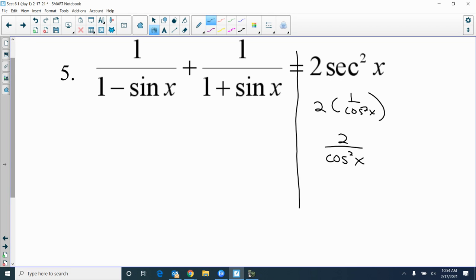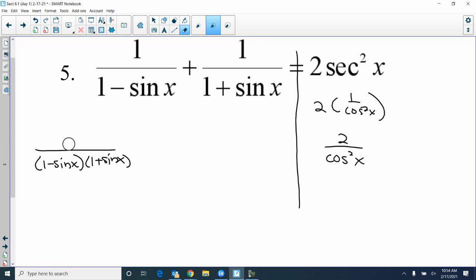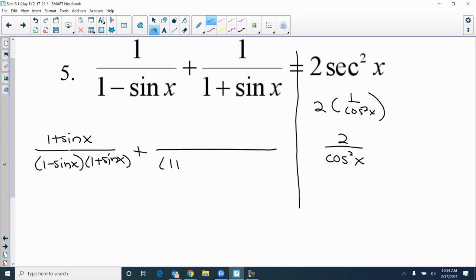If this has a 1 minus sine of x and that's a 1 plus sine of x, what do I have to add in on this side? I got to add in the 1 plus sine of x, and if I add it in the denominator, I also have to add it in where? On the numerator. So plus, same thing over here, I got a 1 plus sine of x.